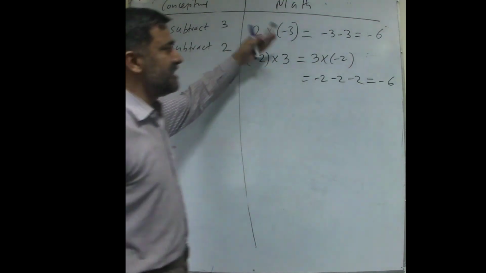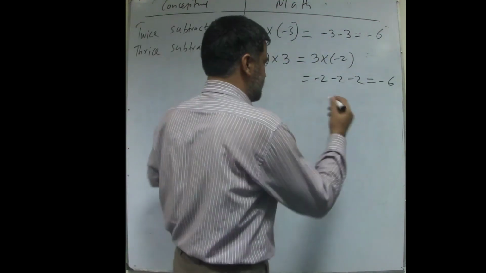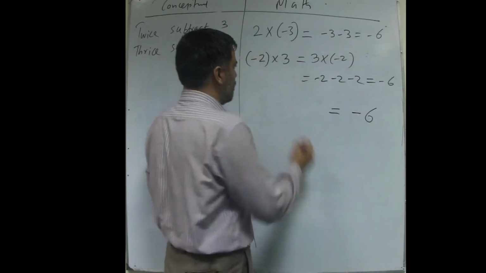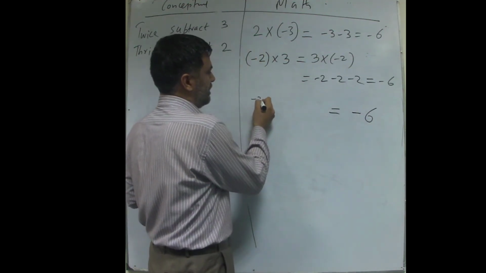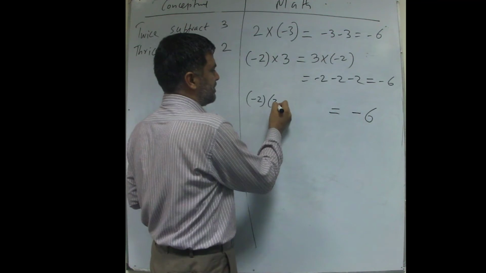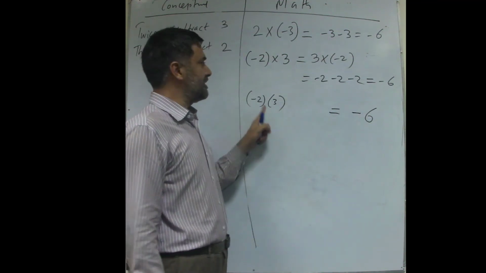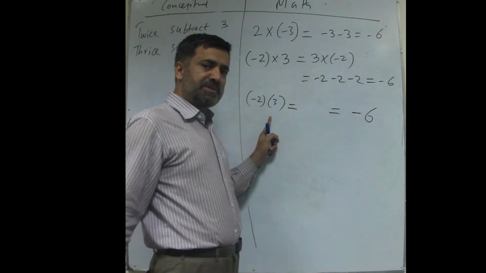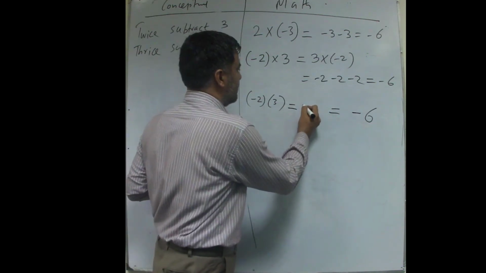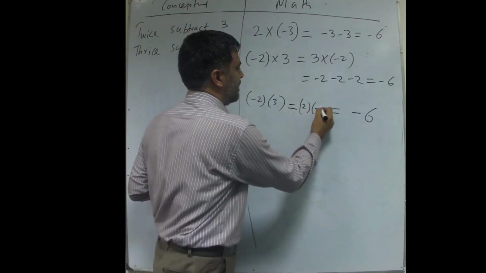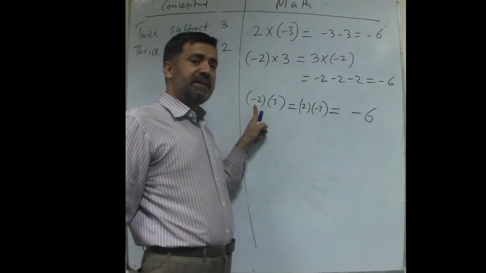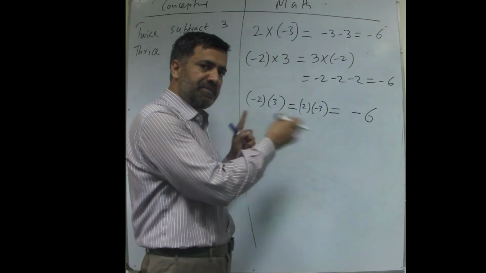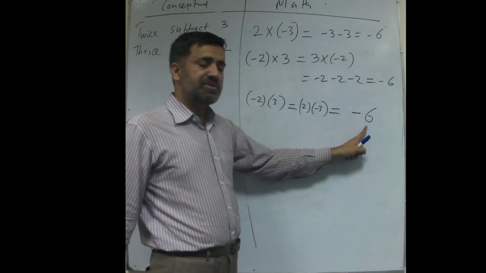If I now combine these two results, I can say that in both cases I get minus 6. Whether I do minus 2 times 3, I'm using this bracket notation so that it is readable, or 2 times minus 3, whether this minus sign is with this or with this, whichever, the answer is always minus 6.